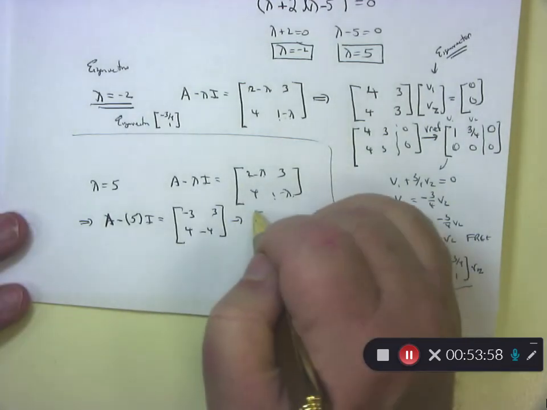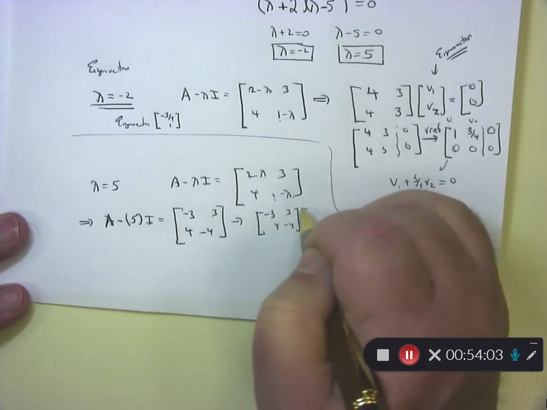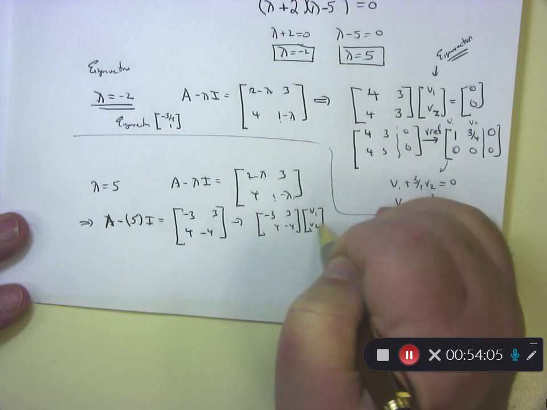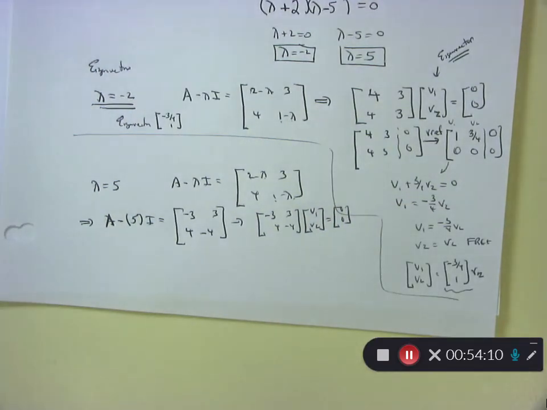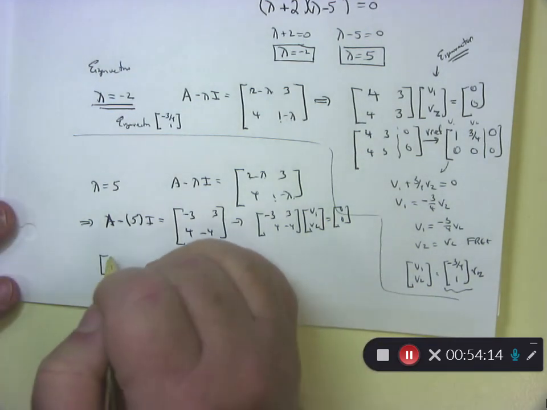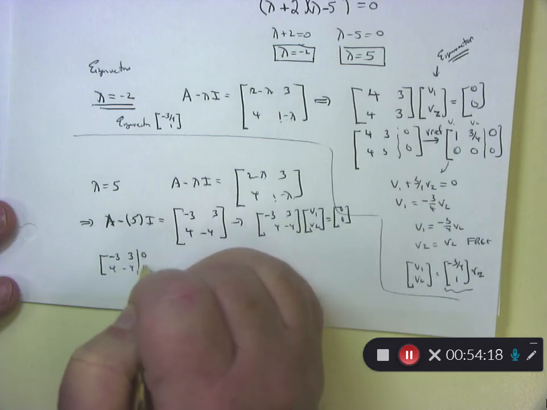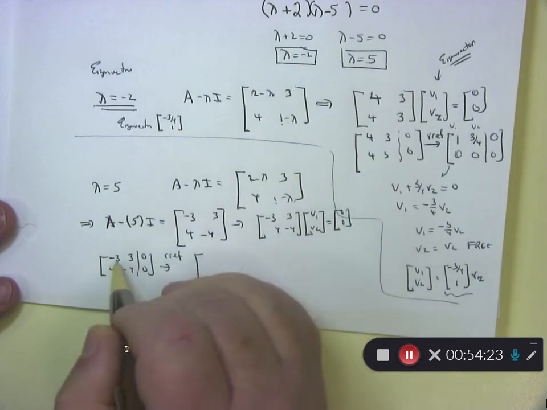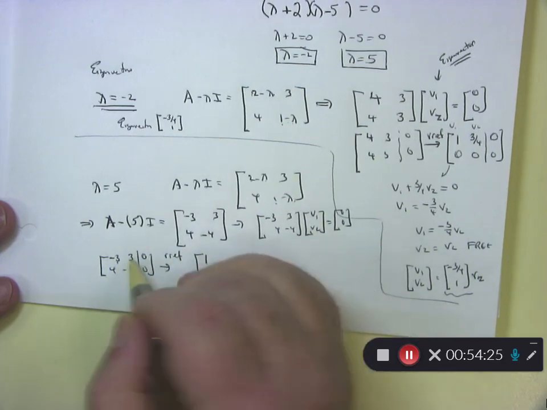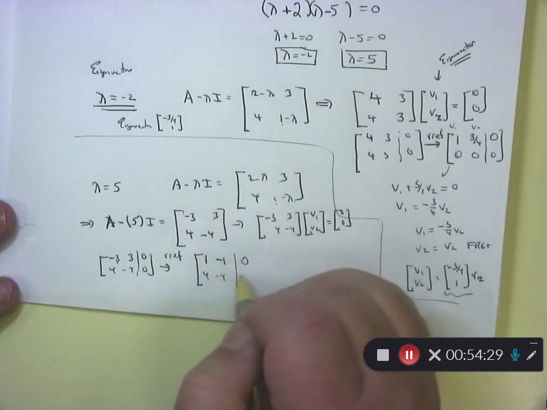So I'm going to take this guy, negative 3, 3, 4, negative 4, multiply by V1, V2, set it equal to the 0 vector, and I'm going to solve for this guy. Okay? So this would be the same thing as negative 3, 3, 4, negative 4, augment with 0, 0. And then I'm going to reduce to row echelon form. I'm going to make this guy a pivot, so it'll be 1. This would be 1, negative 1, 0, with the 4, negative 4, 0.